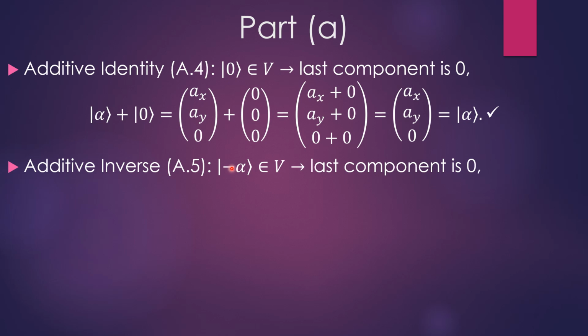Whenever we see the notation here, especially on vectors, it's important to note that the negative on the outside, however the text wants to define it, means that every individual component in that vector is negated. Since we have vectors of the form component, component, 0 in 3 dimensions, if we negate 0, we're still in the space, so this negated vector lives in the space too. We just take note of that, and we're still good to go.